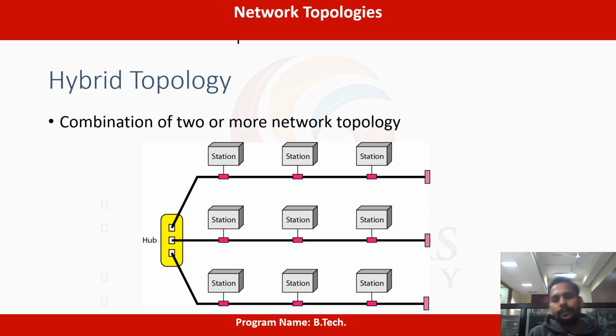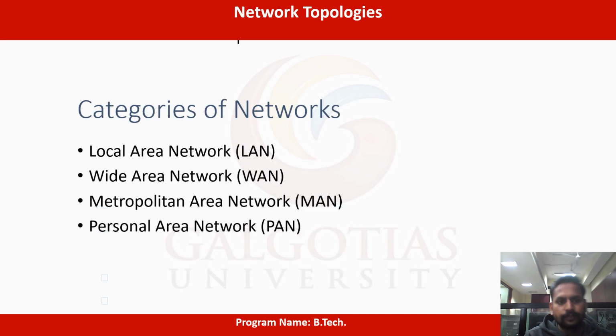Suppose I don't want this bus topology here, and I want only the mesh, then I can simply remove that bus topology and include the mesh topology here. Now that mesh topology's links are connected with our hub also. This is possible in a hybrid topology, because we can create more than two different topologies for making the data transfer here. So this kind of topology is called hybrid topology.